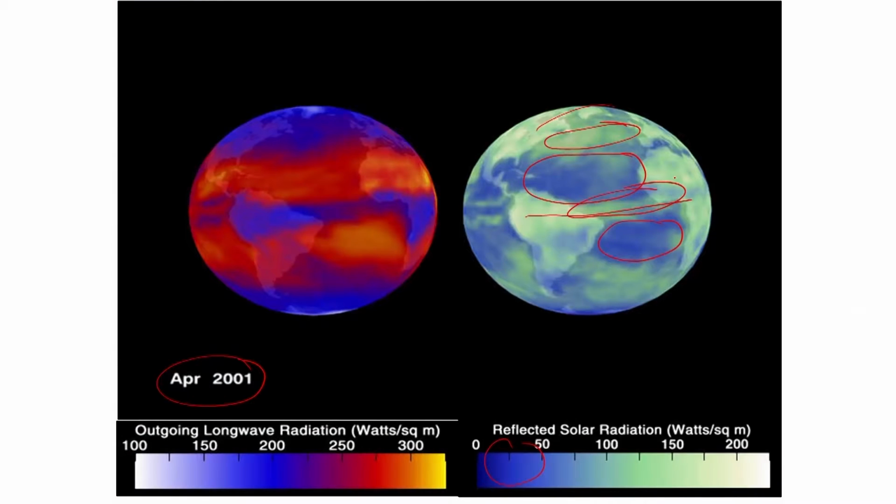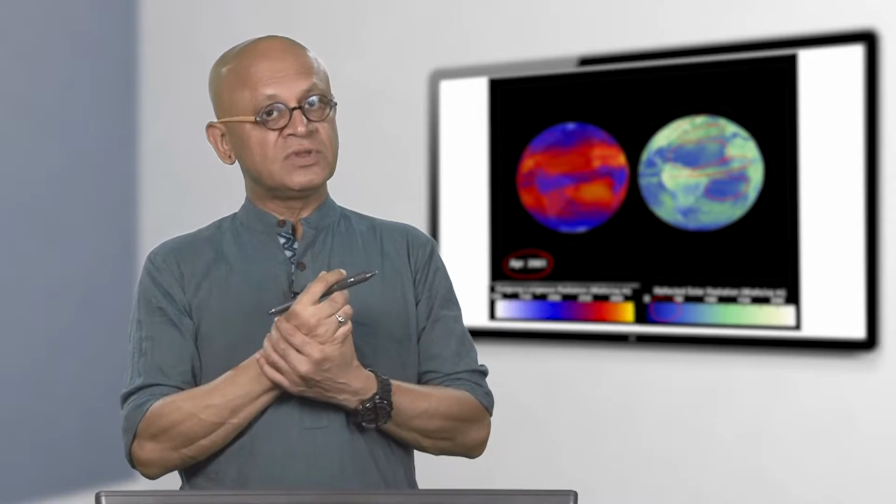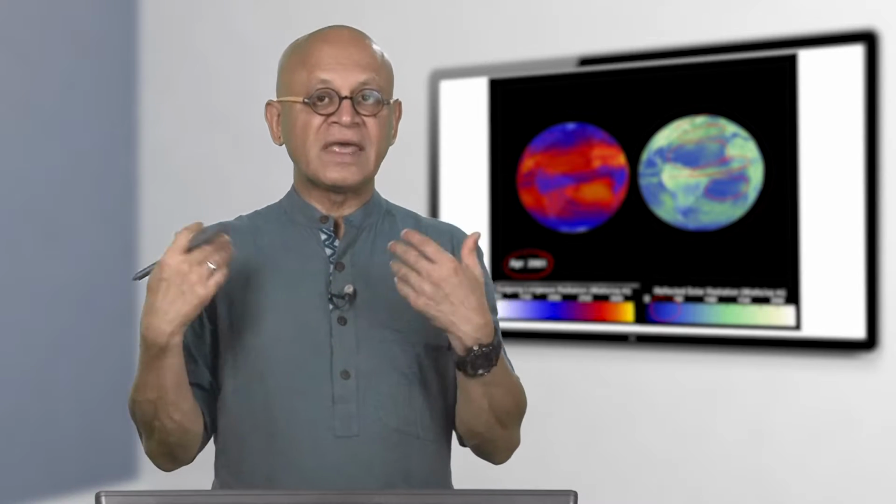So, this already begins to tell you that outgoing long wave radiation is also going to be a complex story. There is high outgoing long wave where there are no clouds, and where there are clouds, the cloud top temperatures are going to be cold, because as we go up in altitude the temperature drops, and that is true also for cloud top temperatures. So, clouds do not emit so much outgoing long wave radiation.